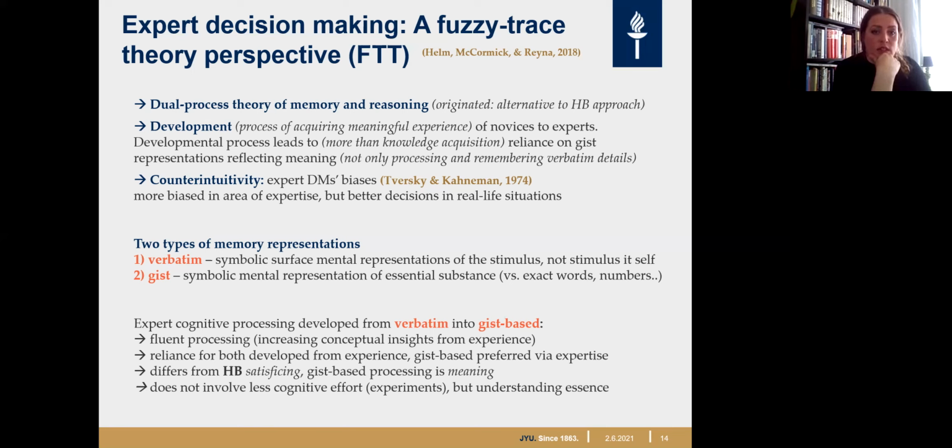But FTT differs from the heuristics and biases satisficing term, where we come up with a decision solution that is not optimal, but we can live with it, because this gist-based processing is based on meaning. So it has a different outline on this topic.